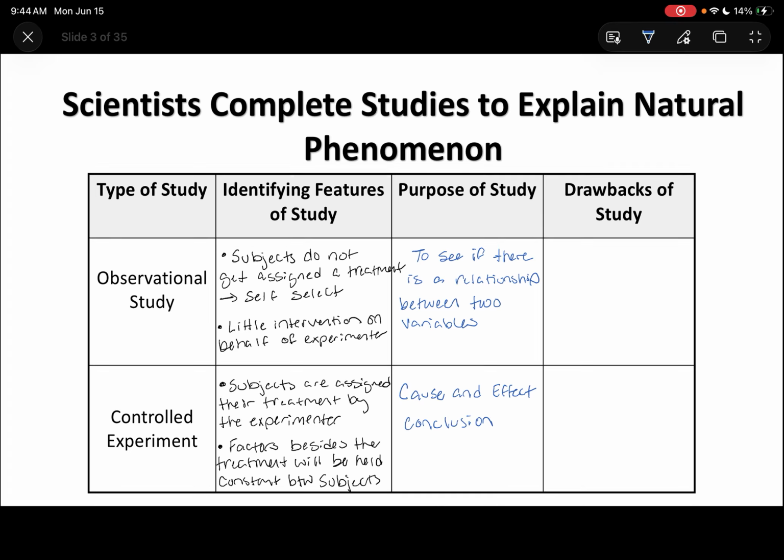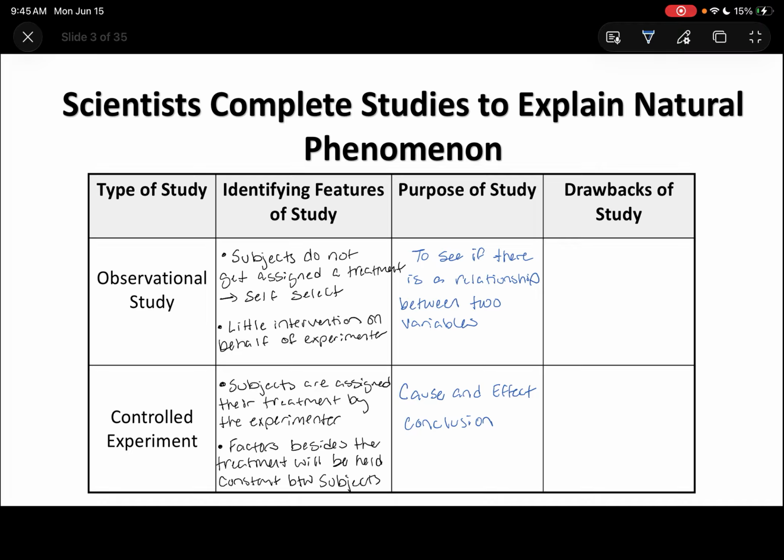Cause and effect is basically where I say, okay, if I change this, it's going to cause this other thing to happen. I'm not just looking to see if they tend to trend in one direction or another. I want to know if this variable is causing the changes in the other variable that I am mentioning.